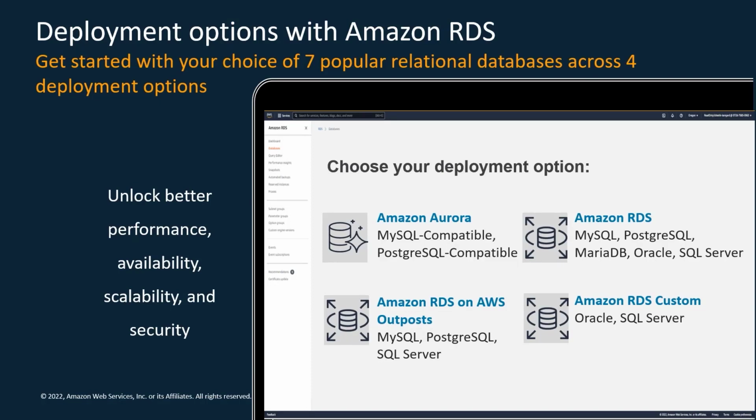With Amazon RDS, customers have the choice to deploy on any of the 7 managed database engines in the cloud, including Amazon Aurora for MySQL compatibility, Amazon Aurora for Postgres compatibility, Amazon RDS for MariaDB, Amazon RDS for MySQL, Amazon RDS for Postgres, Amazon RDS for Oracle, and Amazon RDS for SQL Server.